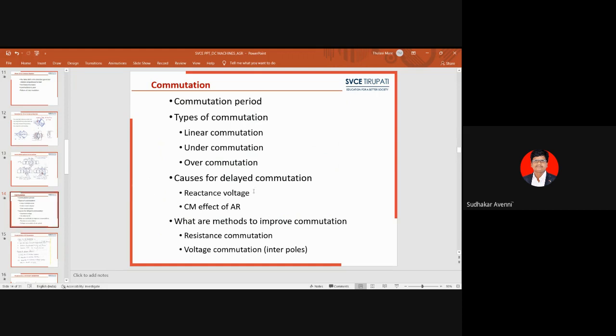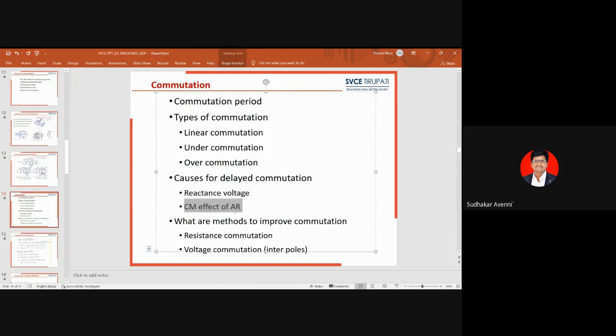When current reversal takes place in the coil, the current is sometimes positive, sometimes negative, so a self-induced voltage builds up in the armature coil. This voltage opposes the current reversal in the coil, which is nothing but delayed commutation.